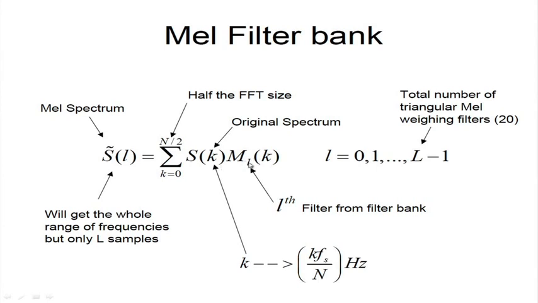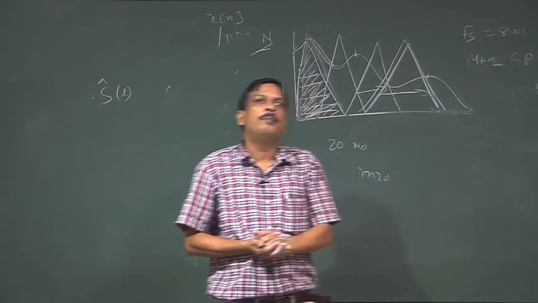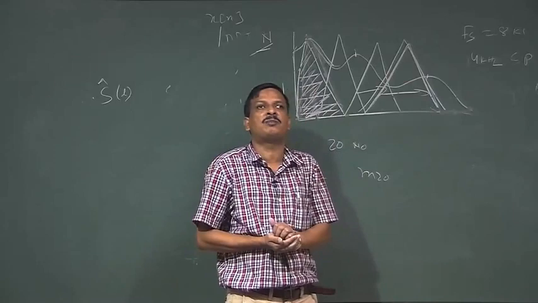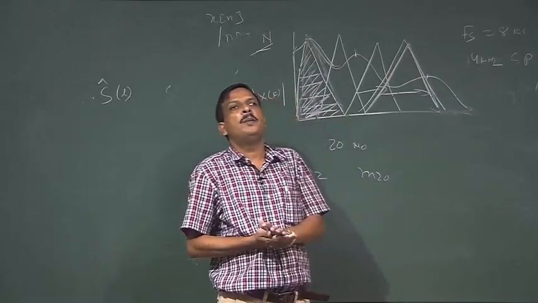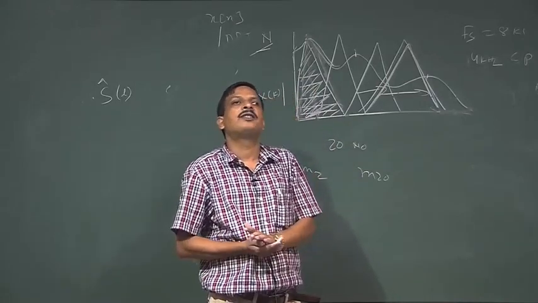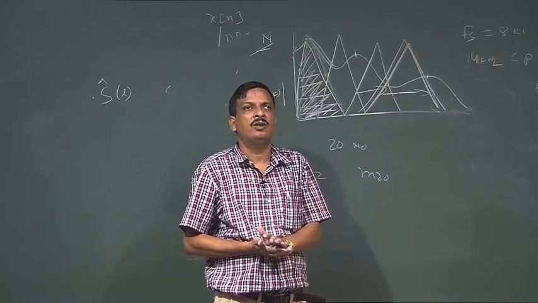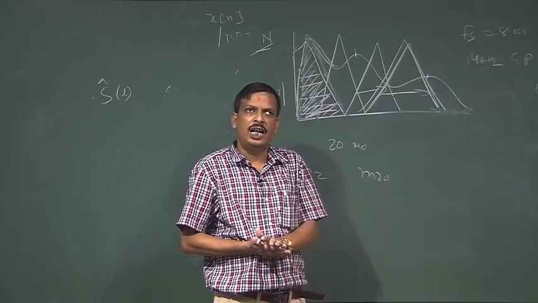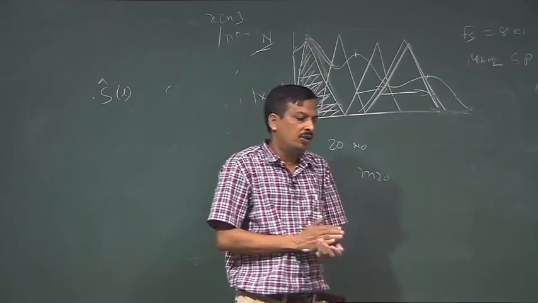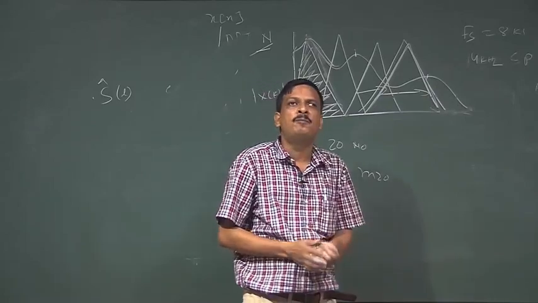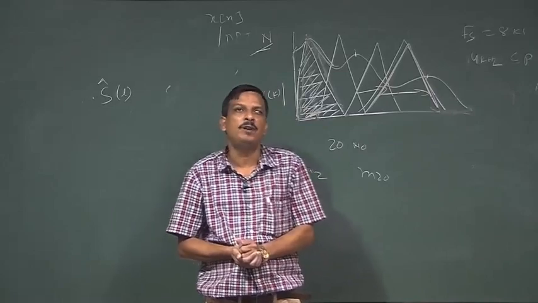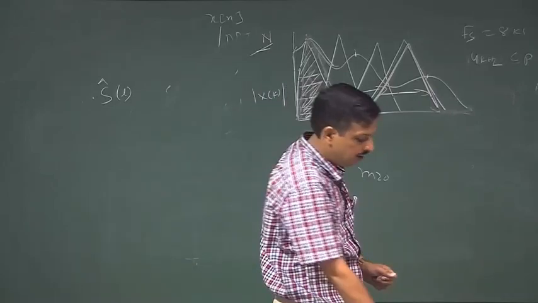Over the mel filter, I am calculating the mel spectrum, and once the cepstral coefficient is analyzed based on the mel spectrum, then it is called mel frequency cepstral coefficient, MFCC. Okay? Have you understood? That is why it is called MFCC, mel frequency cepstral coefficient.